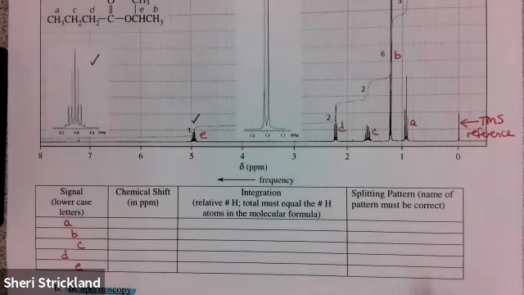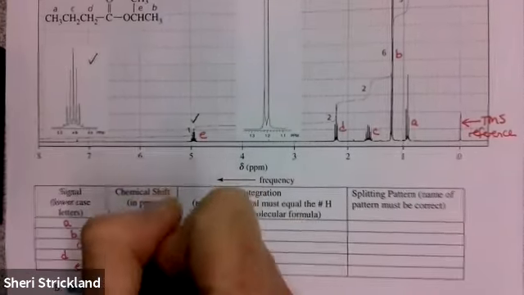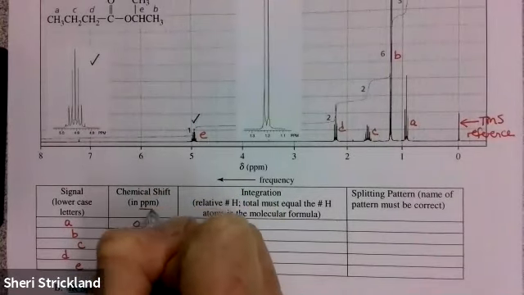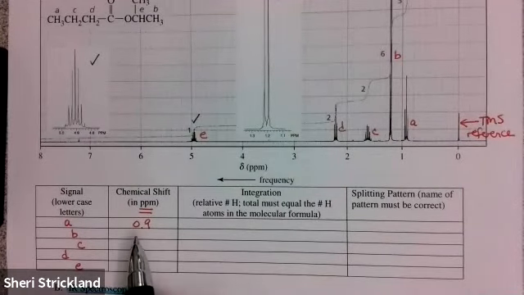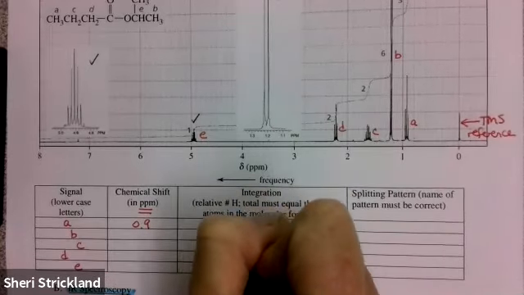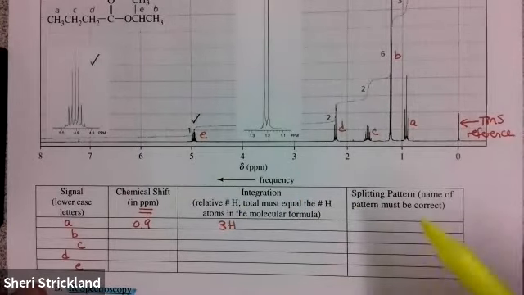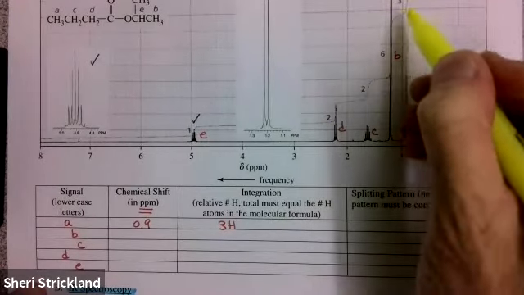All right, welcome back. So signal A here, I got the chemical shift as 0.9 parts per million, and I put my units at the top of the column. You can always, with any chart, put the units with every value in the column if you want to. The integration is 3 hydrogens, and I know that because on this spectrum, there are little numbers next to the vertical portion of this integral trace.